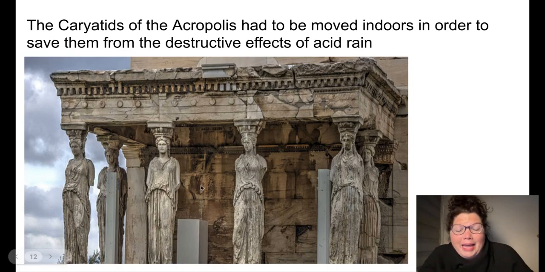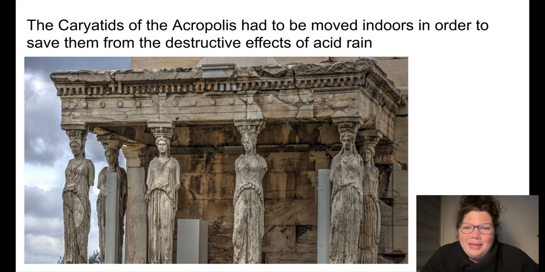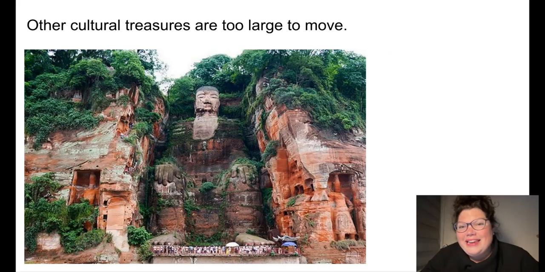This is built out of limestone, and the acid rain has caused destructive effects on these beautiful women. And they've said, nope, we're going to make copies, because otherwise the acid rain is going to completely destroy how these women look and this incredible cultural piece that so many people value. This is another one.